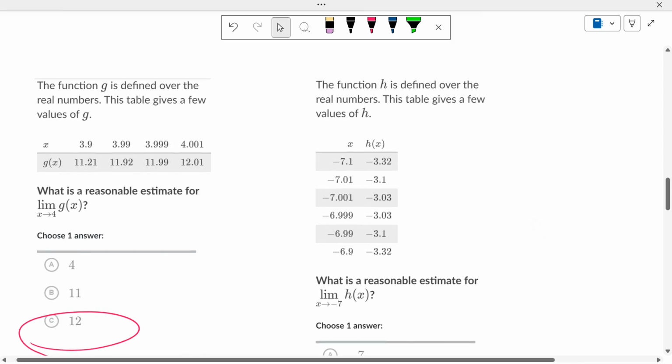For this one here, okay, where are we approaching? -7. So we want to find the limit as h of x approaches -7. And what would be the limit, do you think?